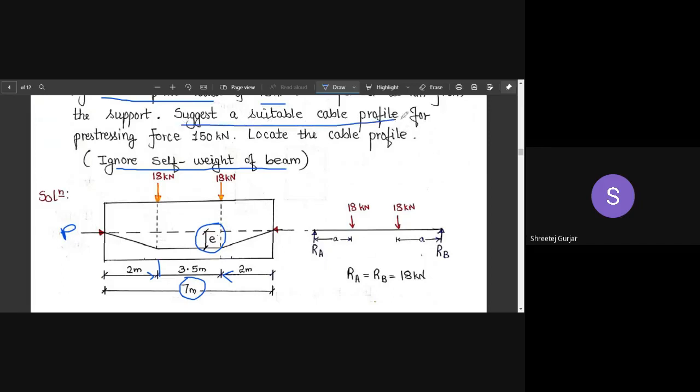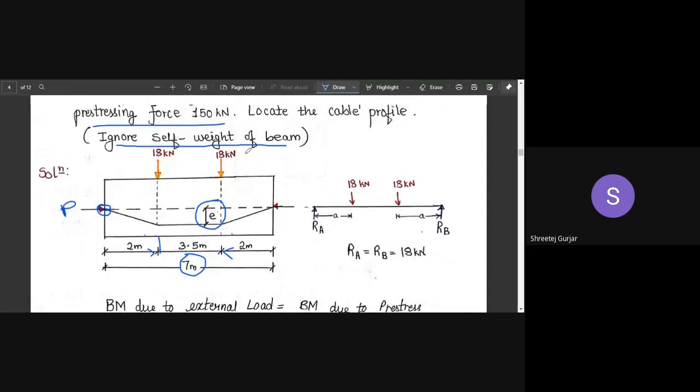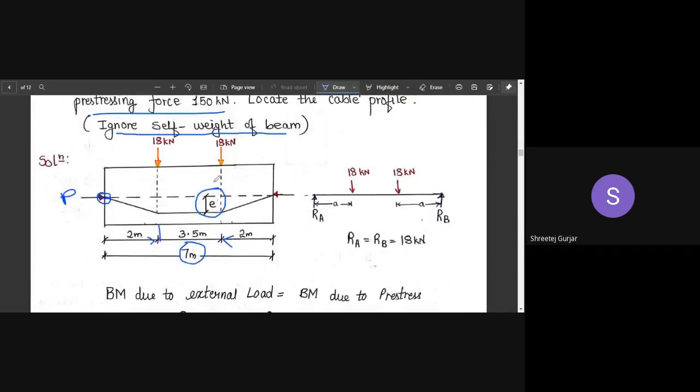Suggesting a suitable cable profile means we need to calculate this eccentricity E, and it is obviously 0 at the support. So that is the problem statement: we need to calculate this E, not the stresses. Only if you calculate this eccentricity E, our problem will be over.